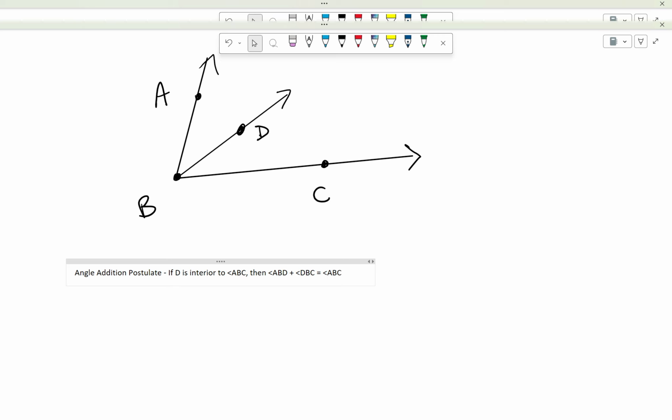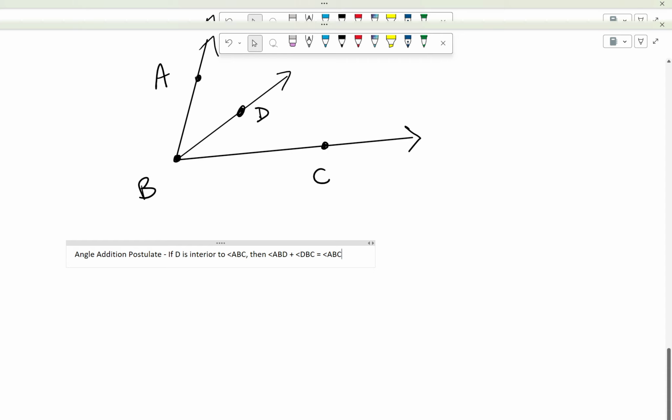So in other words, ABD plus DBC is going to be equal to ABC, all because they share that vertex and, moreover, they share that side BD. So probably reminds you a little bit of the segment addition postulate, where there's that shared point on the line segment.